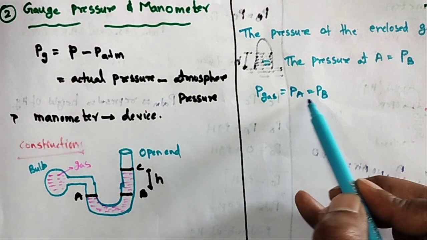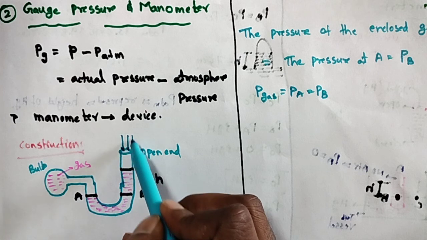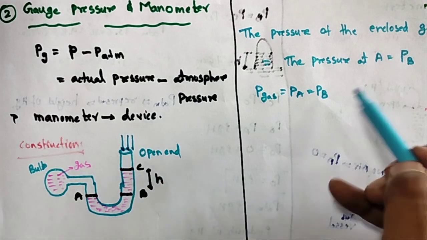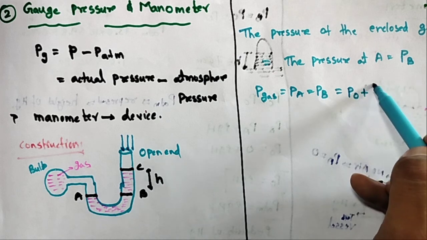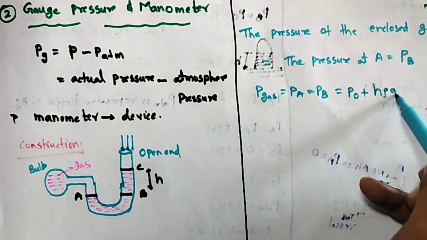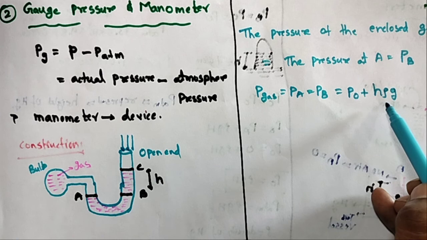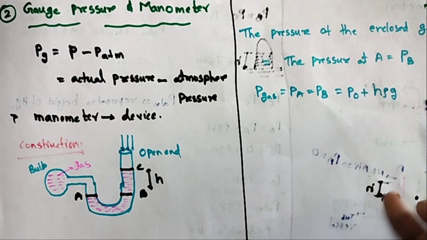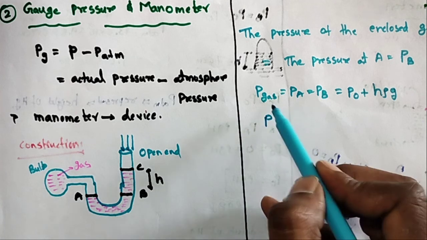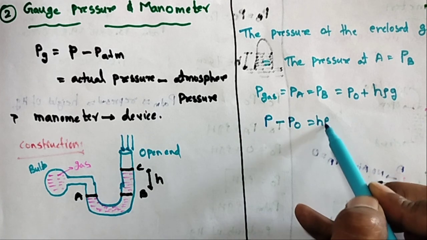Both are equal. Atmosphere pressure is also acting at C, so that is P naught plus h rho g, where h is the height of the liquid column, rho is the density of the liquid, and g is the acceleration due to gravity. So P gas minus P naught is equal to h rho g.